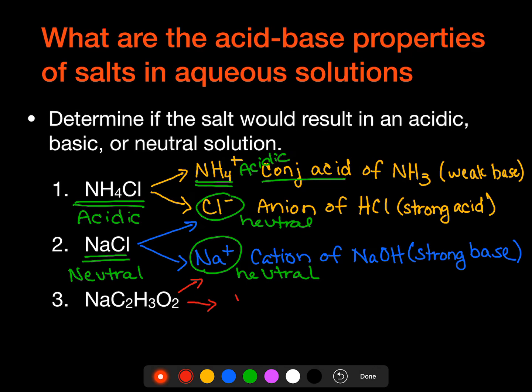The acetate is C2H3O2-, and that is going to be the conjugate base, or anion, of a weak acid, which would be acetic acid, HC2H3O2, a weak acid.